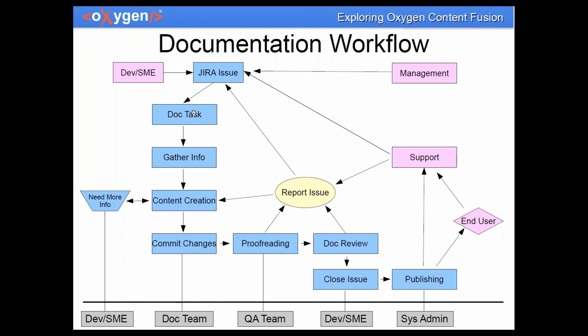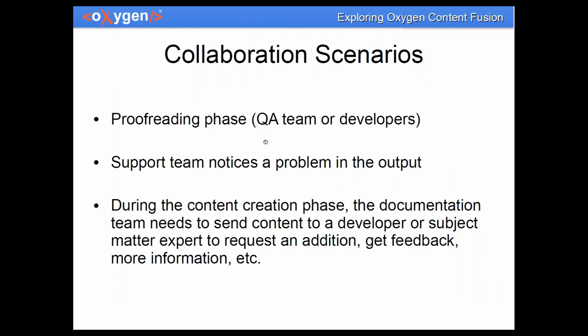And the need for collaboration is possible in many of these phases. But we narrowed it down to basically 3 major scenarios where most of our collaboration possibilities happened. Those were the proofreading phase, where either the quality assurance team or developers are proofreading documentation that has been created or updated.